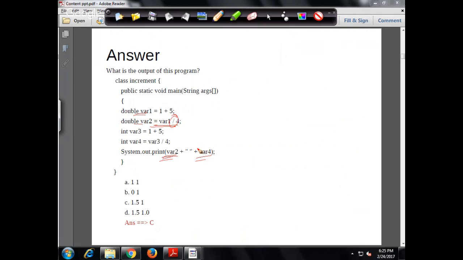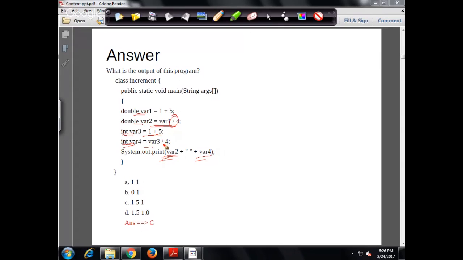Now let's go to variable 4. Variable 4 is an integer type, and it is variable 3 divided by 4. But now here, variable 3 is an integer type, and the value over here is 5 plus 1, which equals 6. So when we calculate variable 4, it will be integer type 6 divided by integer type 4.